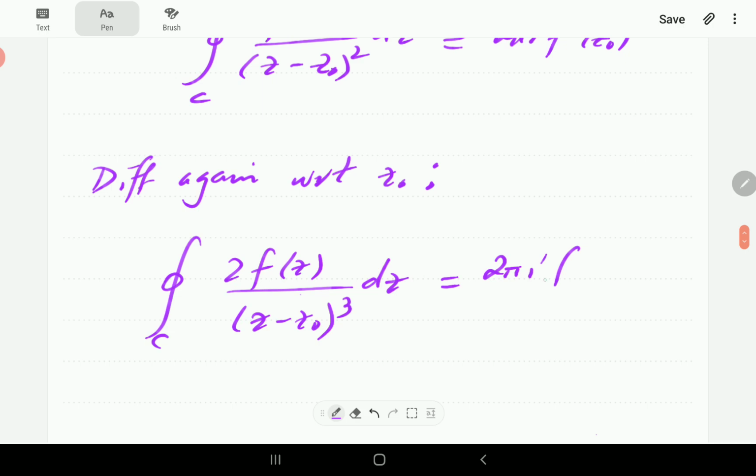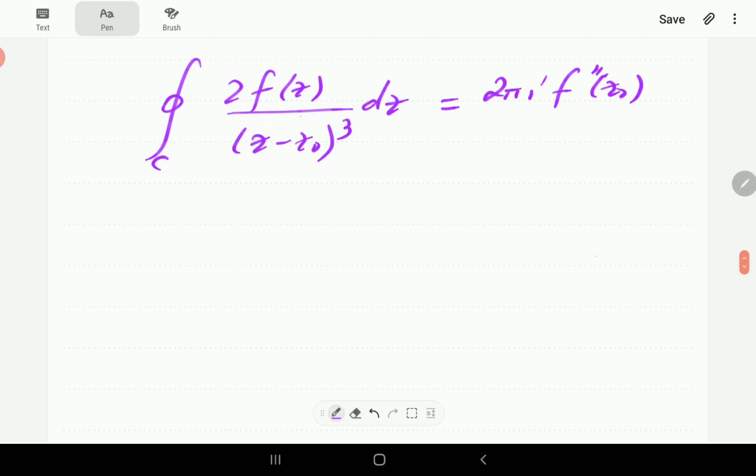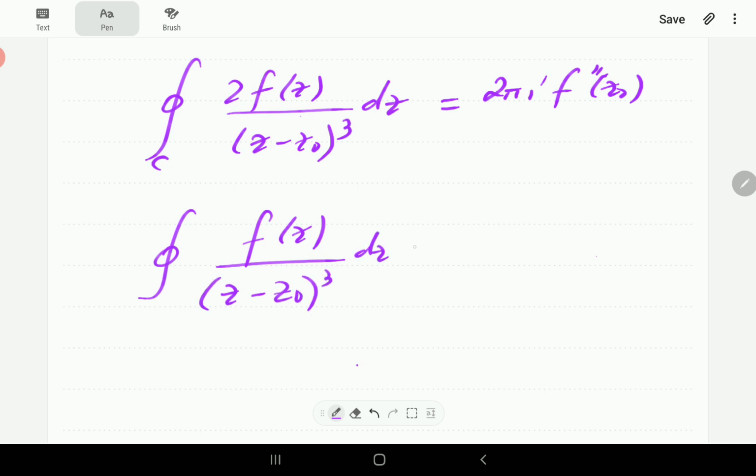On the right hand side, this is just going to be the second order derivative at z naught. I am going to move the 2 to the other side, so we can write this as the integral of f of z over z minus z naught cubed dz equals 2 pi i f double prime of z naught divided by 2.